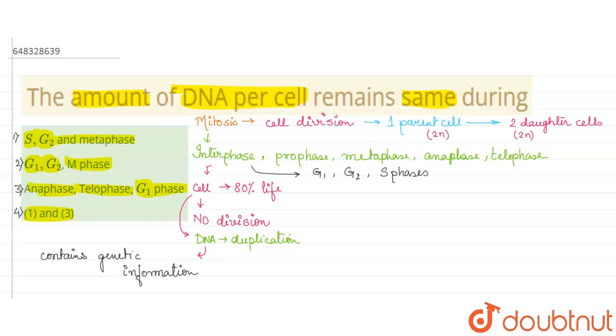Now in this G1 phase, cell growth occurs, and the DNA number remains the same. On the other hand, in the G2 phase there is synthesis of protein, but there is no duplication of DNA, so the DNA number remains the same.